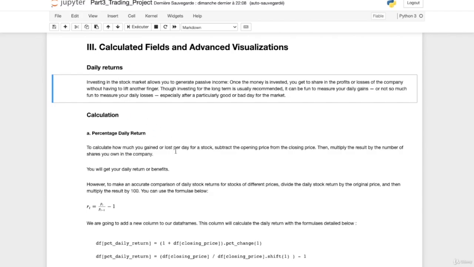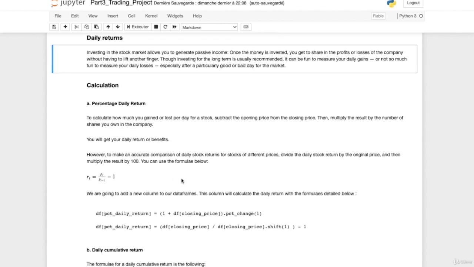That's why in the first part I'm going to ask you to include a new calculated field inside your data frame, which is a percentage daily return.